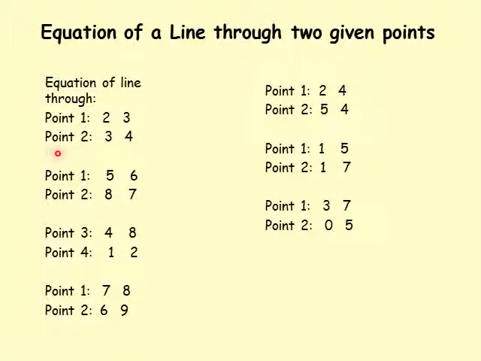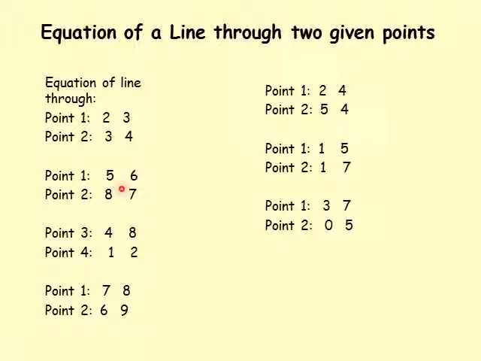So we have minus y equals 3 minus 4, which is minus 1, equals minus x. Now the constant term, 2 times 4 minus 3 times 3, 8 minus 9 equals minus 1. So we have minus y equals minus x minus 1. And we can divide out the minus sign, so it becomes y equals x plus 1.